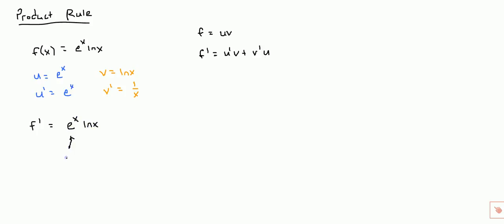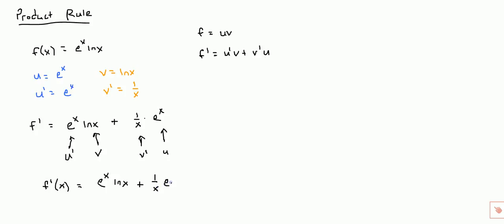Remember, that's u prime, that's v, plus 1 over x times e to the x. That's v prime times u. Okay, so f prime of x is e to the x ln x plus 1 over x times e to the x.